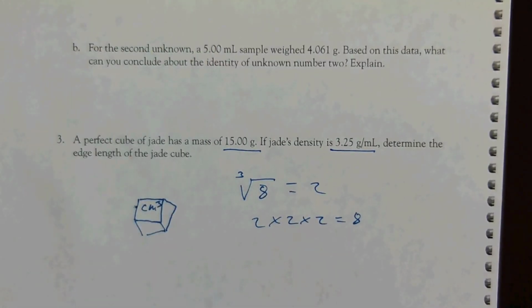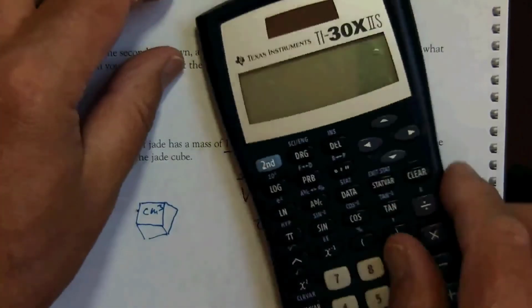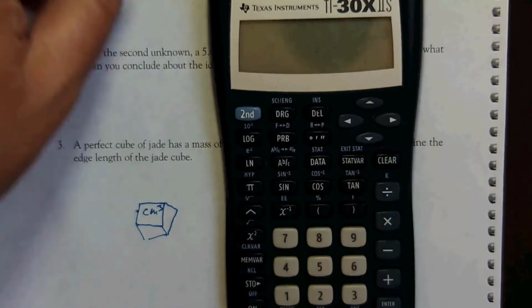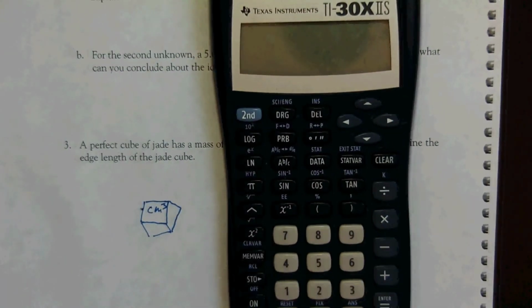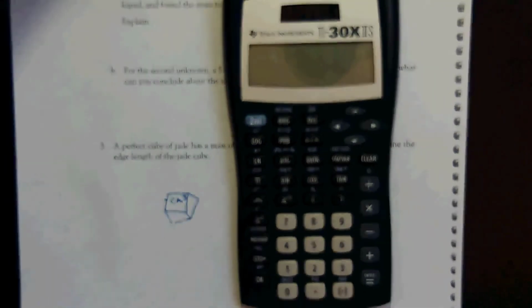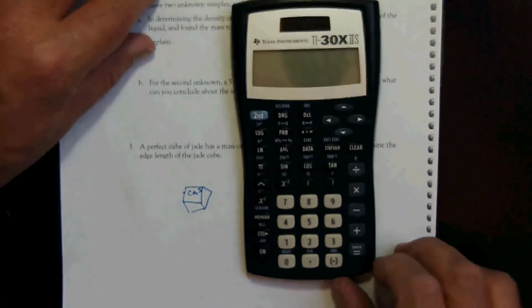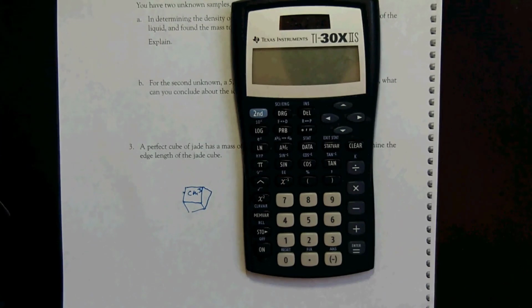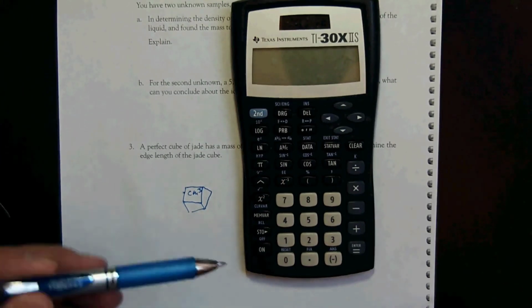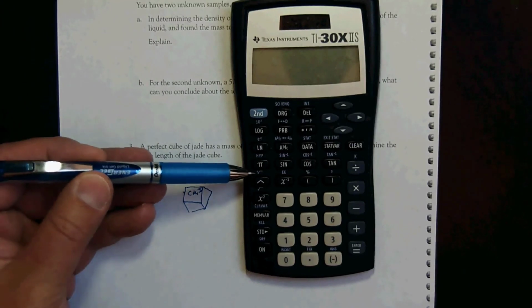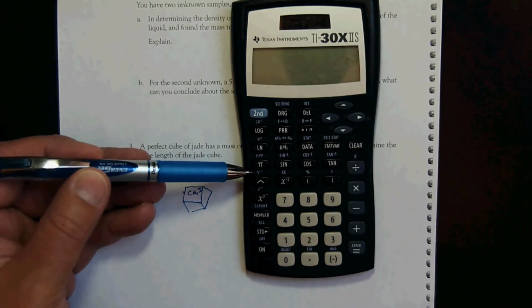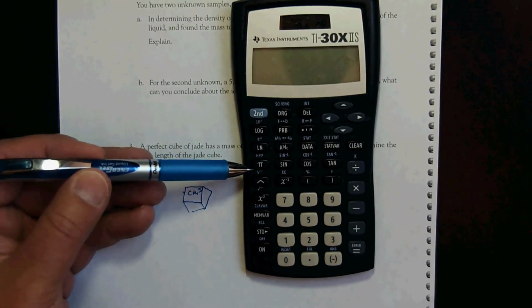Now, a very popular model here is this calculator. A lot of you, I imagine, have this calculator. It's one of the more popular models out there. Taking a cube root on this one's a little bit different. Now, the button you want is this guy. Do you see how he's got that little radical sign with an x?